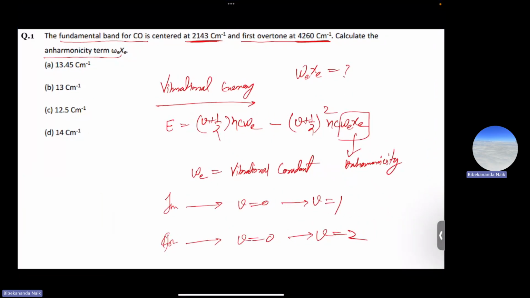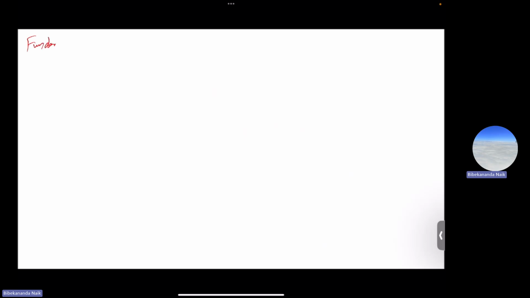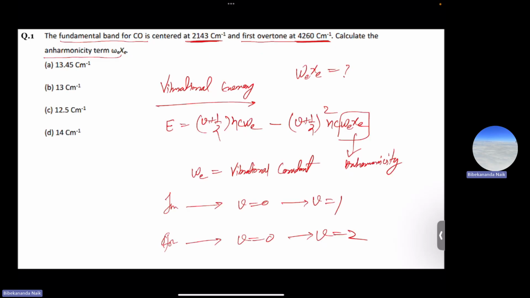So if we talk about the transition for the fundamental frequency and then the first overtone, let's write delta G. Delta G will be omega e (v prime plus half) minus omega e xe.